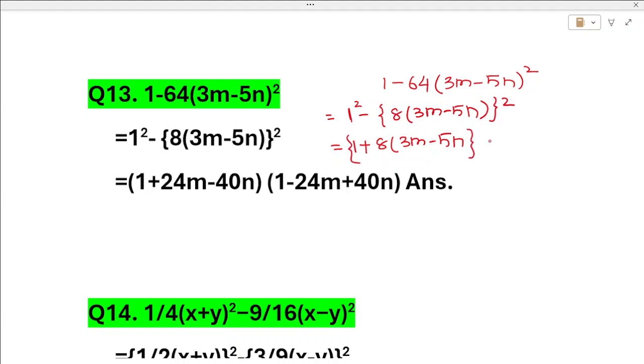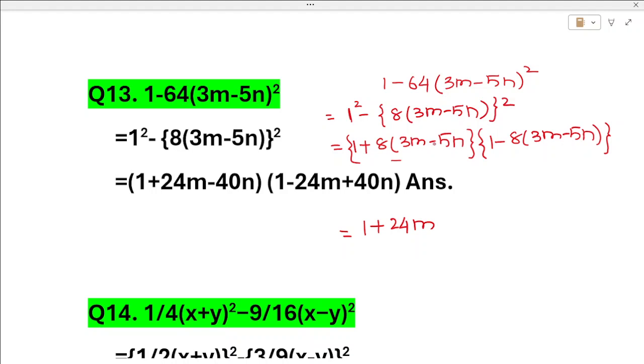Okay, now the second term will be the difference 8 inside bracket (3m minus 5n), bracket closed. Now it is 1 plus, open the bracket: 8 3s are 24m.